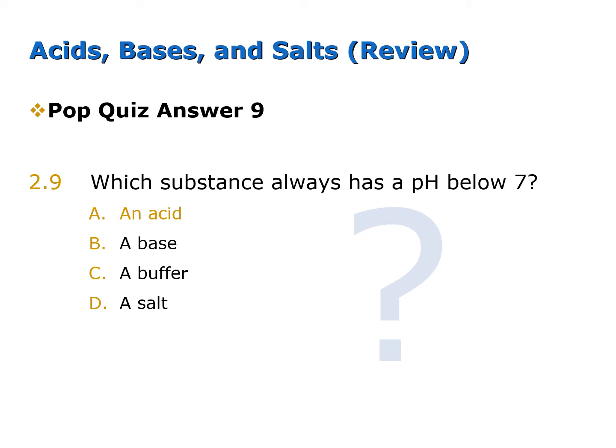So everything that is under 7 is considered an acid, and everything that is over 7 will be considered a base. A buffer, if you remember, is that system that can act either as an acid or a base based on the needs of the body, while a salt is neither an acid nor a base, it is a neutral compound.